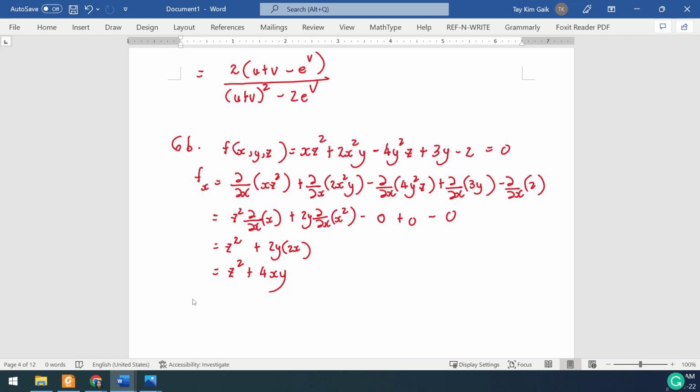If you want fy, it is the same operation, you just change del x to del y. When you del y, the other two variables are constant.